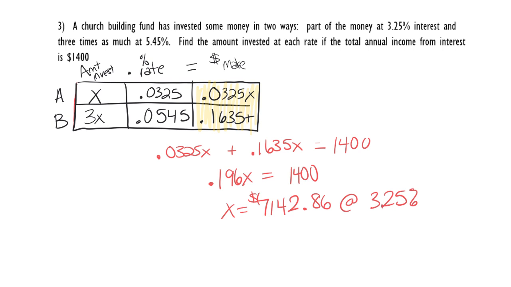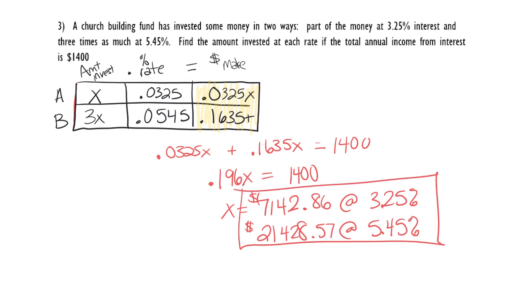And then to find out how much I put in the other account, I'm just going to take that answer times 3, and I have 21,428.57 at the 5.45%. Okay, so see if you can work through your problem with those same numbers and get your correct answers for that.